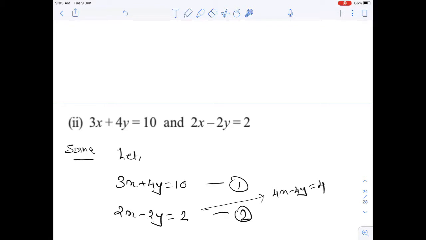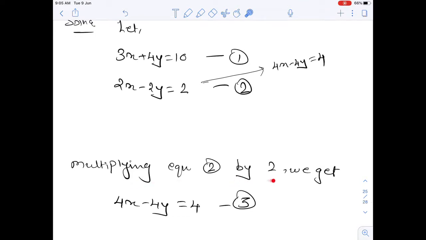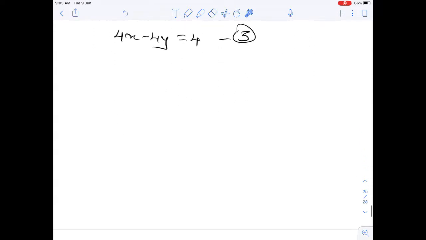Now it can be seen that here it is plus 4y and here it is minus 4y, so we will prefer these two equations. So multiplying equation 2 by 2 we get 4x minus 4y equals 4. Now what will be the next step? This one has a minus sign, this one has a plus sign, so decide what you will do and how to get the solution. Then, next question.